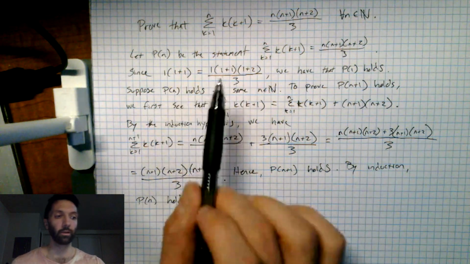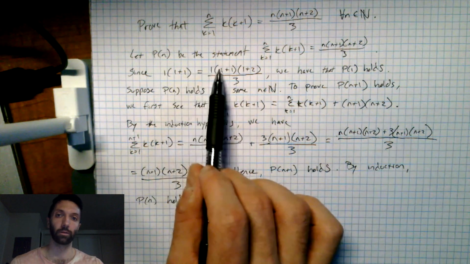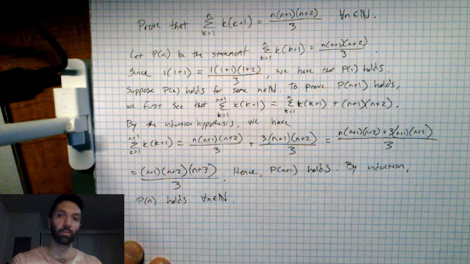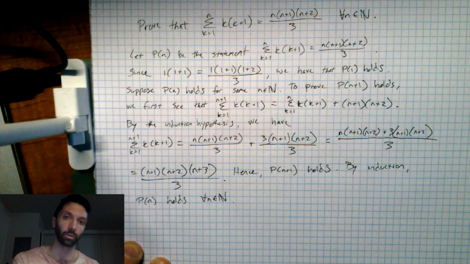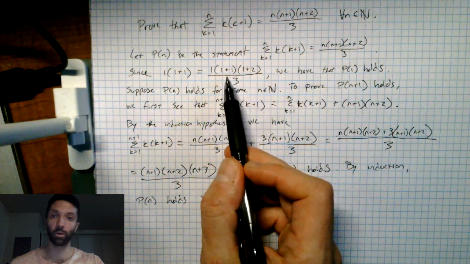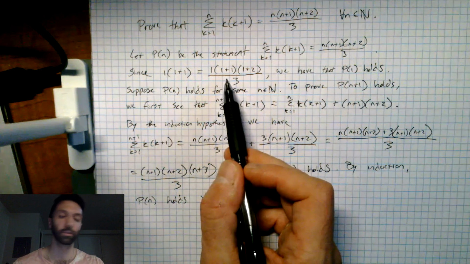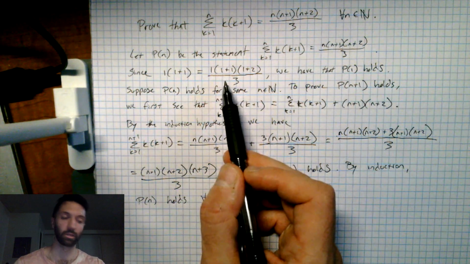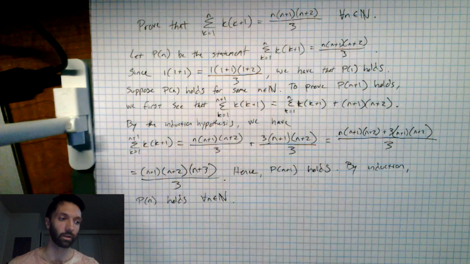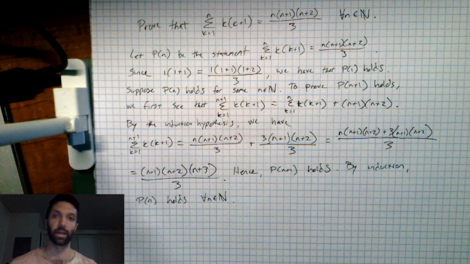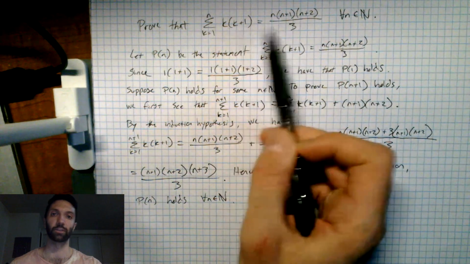So remember, we proved that p of 1 held, and then when you combine that with the fact that we proved that p of n leads to p of n plus 1 holding, well, since p of 1 holds, that must mean that p of 2 holds. And if p of 2 holds, that must mean that p of 3 holds, and so on and so forth. And this creates a giant chain reaction that essentially proves that any number in the naturals will satisfy this formula.